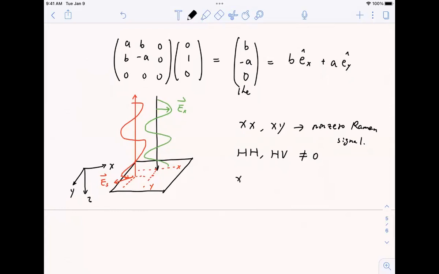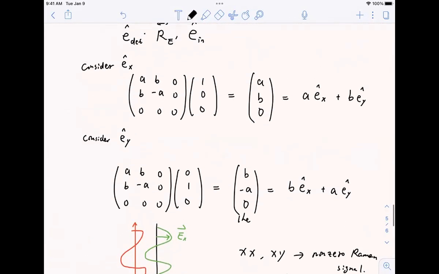However, if you use XY or YZ, it just becomes zero. So if you excite here and detect here, then you're not going to see anything. But the X polarization will generate both X and Y components in the Raman. Is it okay? It's pretty simple.